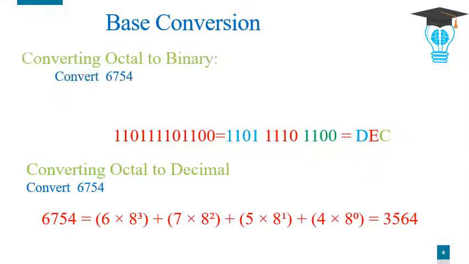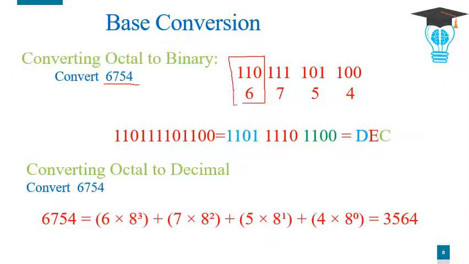Next base conversion we are studying is converting octal to rest all number system. First we will start with octal to binary. The octal number given is 6754, where each bit is converted to its equivalent binary. Equivalent binary of 6 is 110, that is this place is 1, this place is 2 place value, this value is 4.